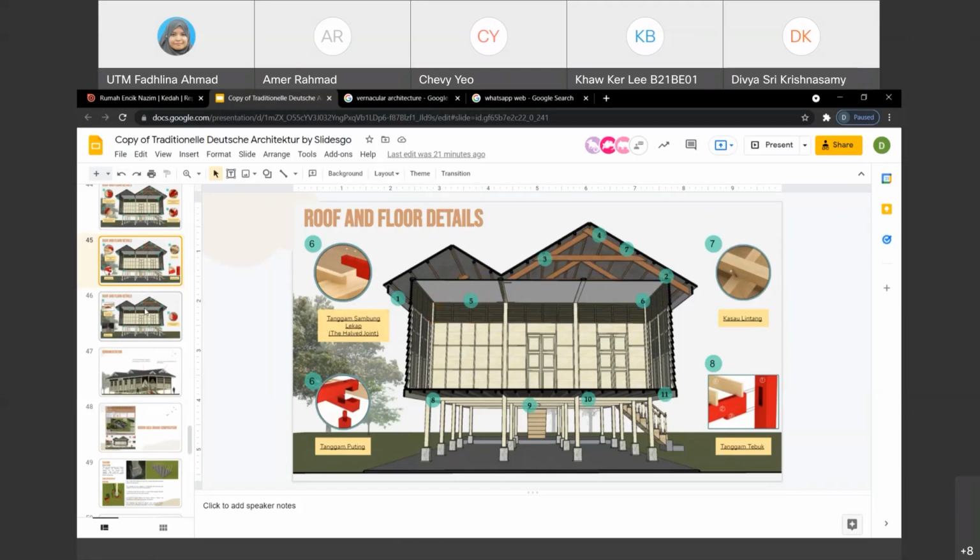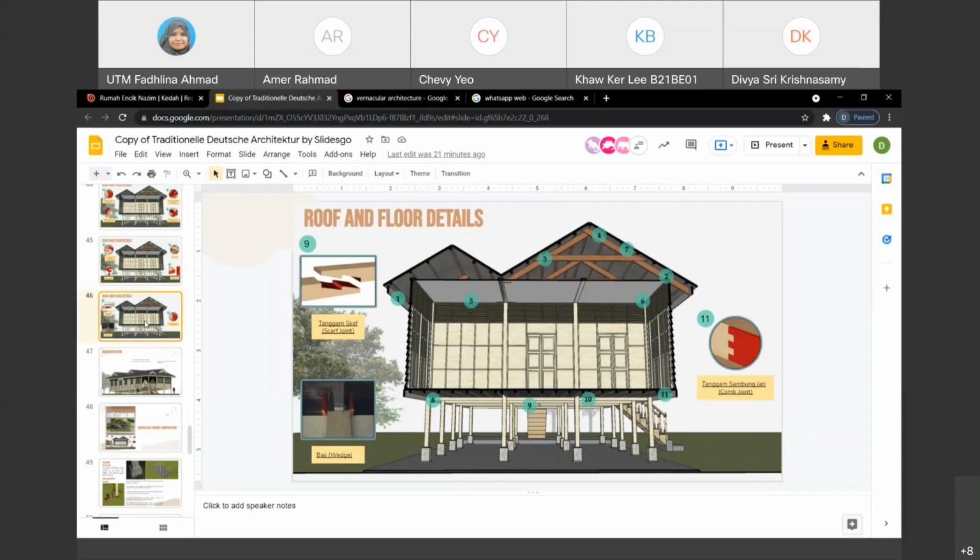The brown one is the floor joist, and the horizontal one is the floor beam, with a wedge to make the structure stronger and stable. Next slide, please. And number 9 is tanggam scarf.